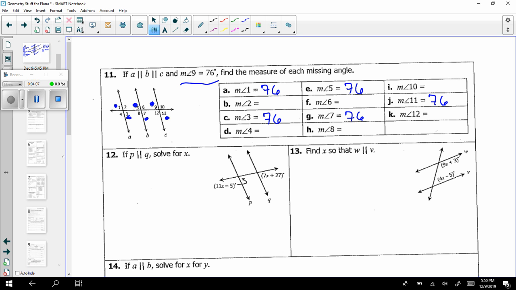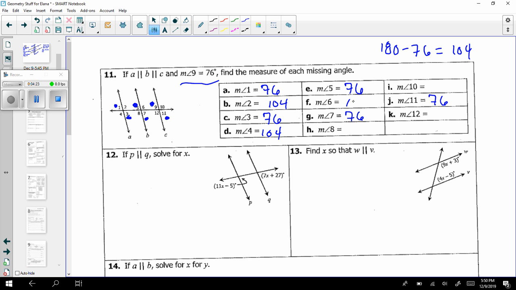The others are the supplement to that, which means I take 180 degrees and subtract 76, and I get 104. So the rest of them are all 104 degrees.